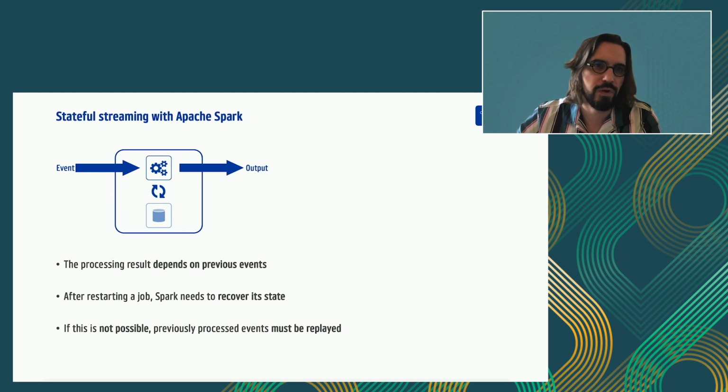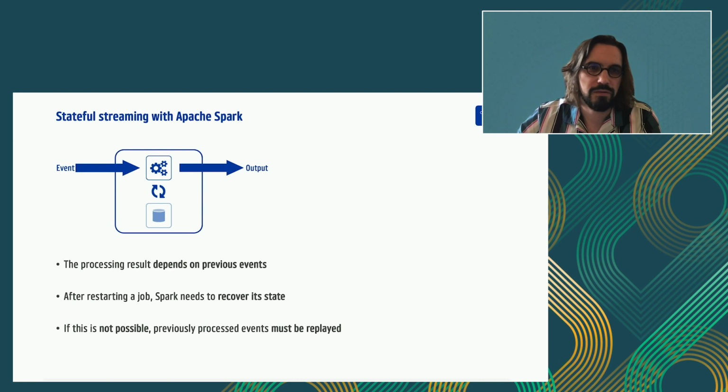So then we can move on to stateful streaming. In this case, we process the events, and the way we process the events can be dependent on previous events. So we need to keep track of information from the previous events, and when we process new events, then we process them based on this extra information as well.